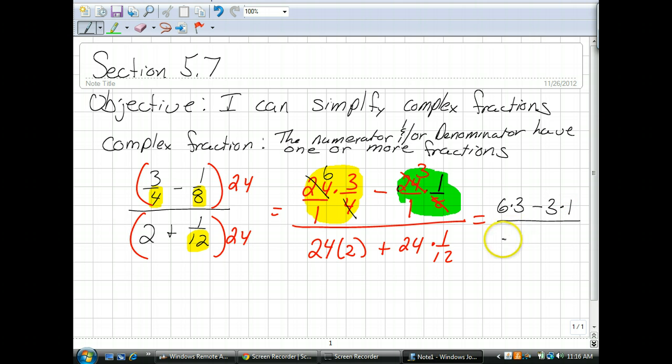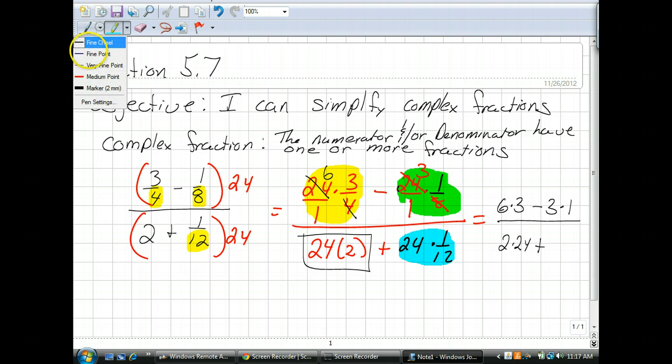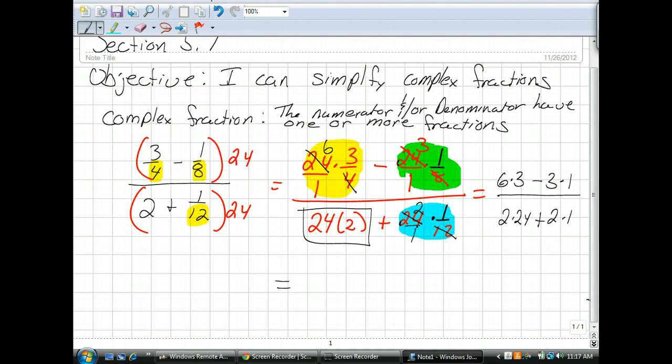In the denominator I have 24 times 2, plus, if I make that 24 over 1, this goes into 24 2 times, so I have 2 times 1. Notice now I've gotten rid of the fractions within the fractions.